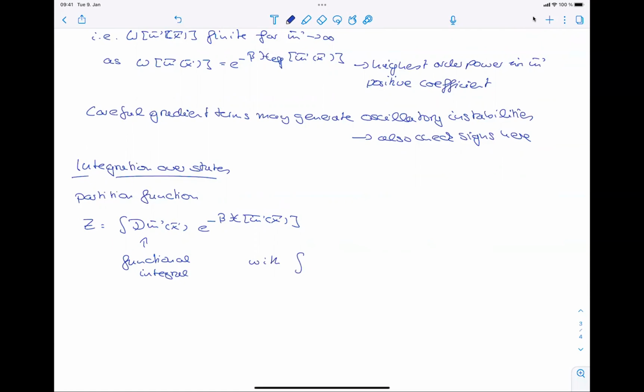What I have here is an integral over the free energy, which depends on the field itself and gradients of the field and so on.